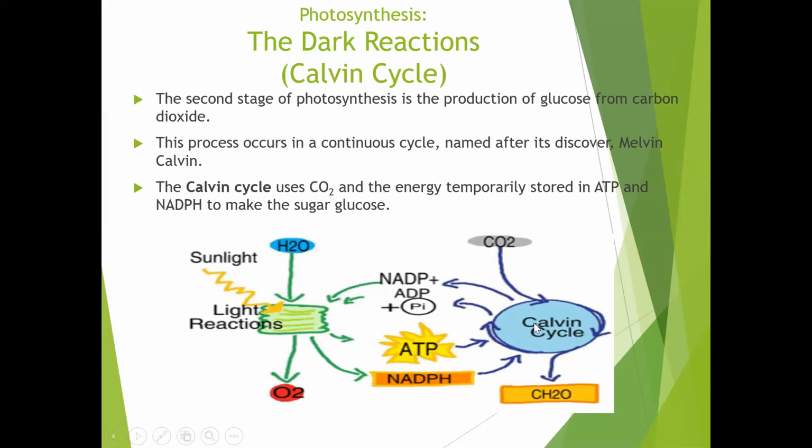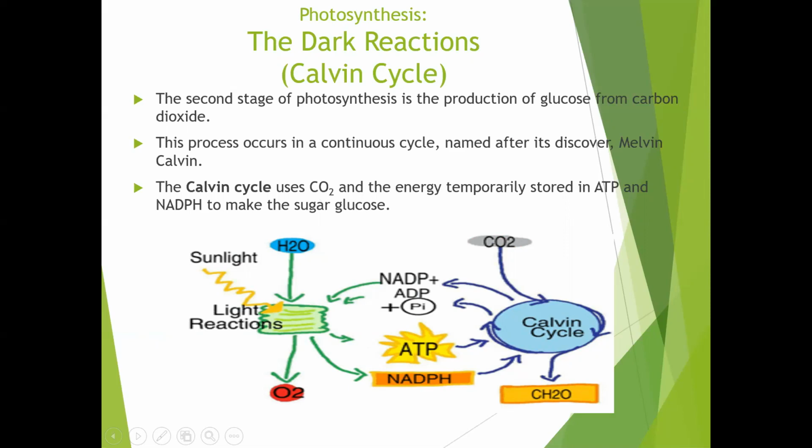So basically, we're taking our hydrogen and we're bringing in CO2 and we're rearranging, or we're fixing it to get a sugar molecule, okay? So we take that CO2, that energy that's temporarily stored in ATP and NADPH, this hydrogen is going to combine with this CO2 or be fixed into a sugar.